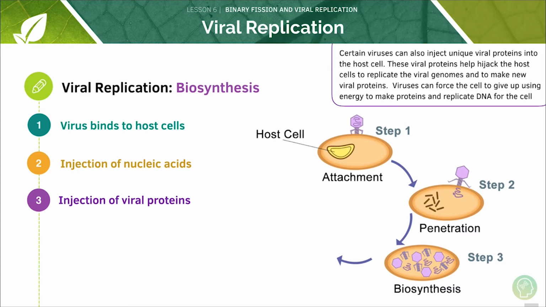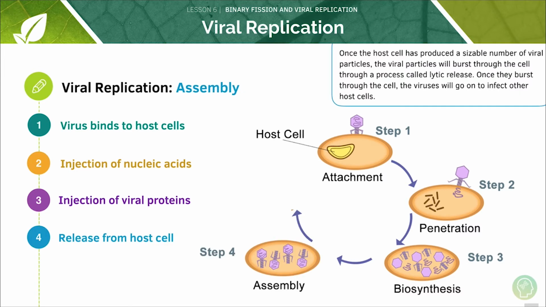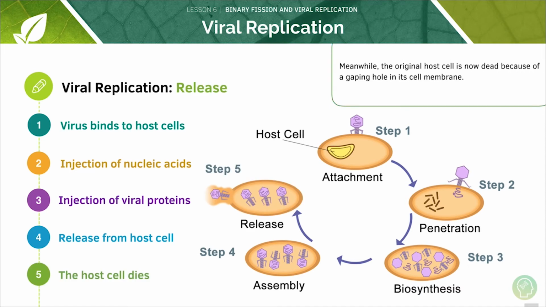Instead, it will focus all its energy into replicating the viral genome and proteins. Once the host cell has produced a sizable number of viral particles, these particles will burst through the cell through lytic release to infect other host cells. The original host cell is now dead because of a gaping hole in its cell membrane.